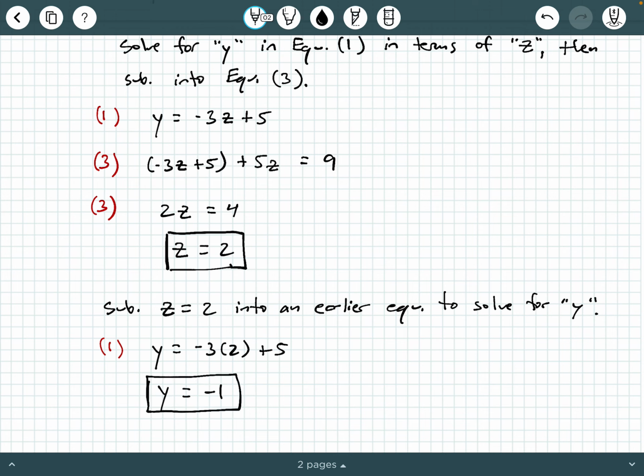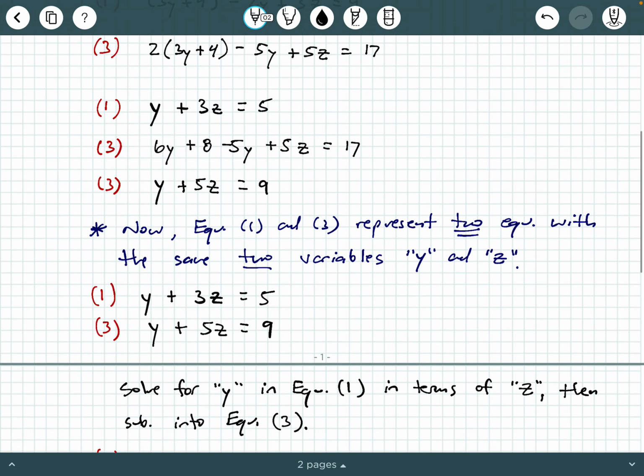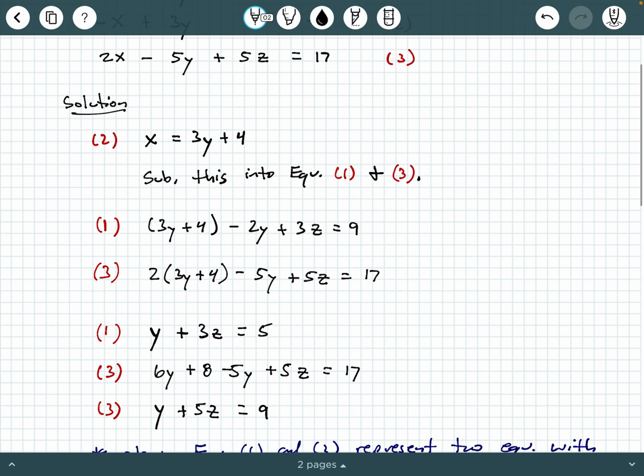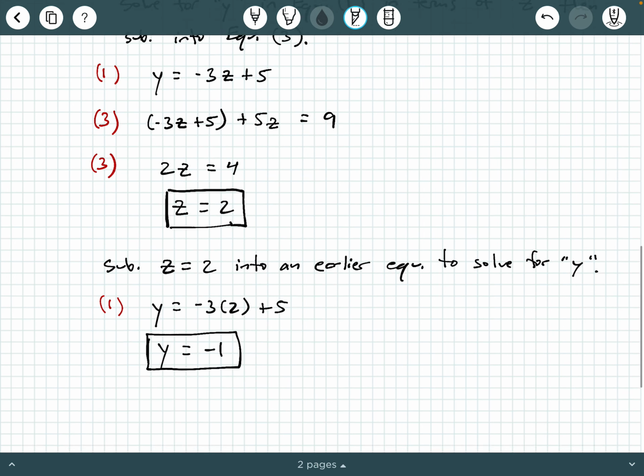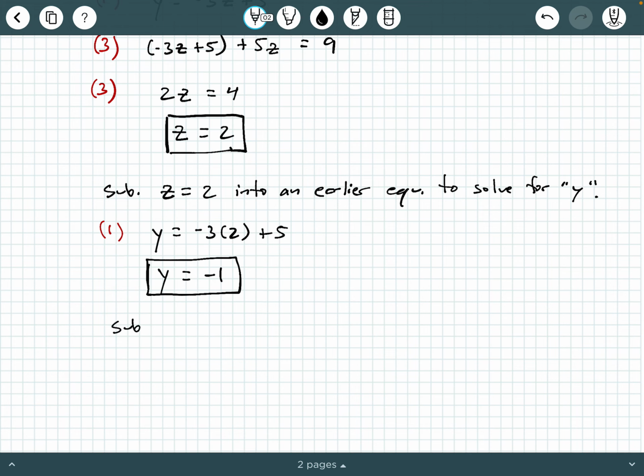And finally, we need a value for x. So what we can now do is use either y or z and substitute into one of the earlier equations. Take a look at this convenient version of equation 2 from the beginning of our solution. X equals 3y plus 4. So watch this. We can now sub z equals 2 and y equals -1 into an earlier equation to solve for x.